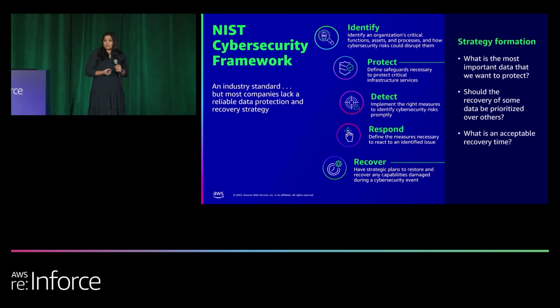Now that we know what those business critical applications are, we need to protect them. So we apply different types of safeguards necessary to our applications. So what is an acceptable protection mechanism for your application? We'll come back to that in a minute.